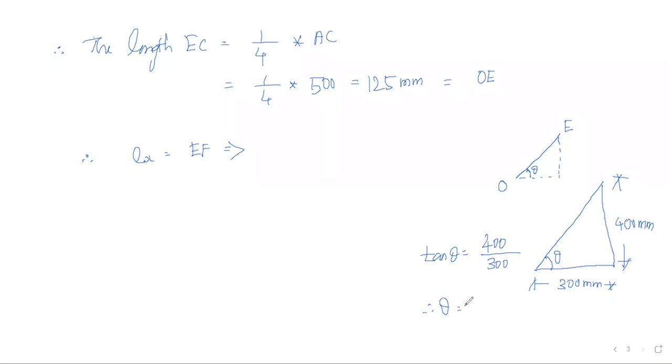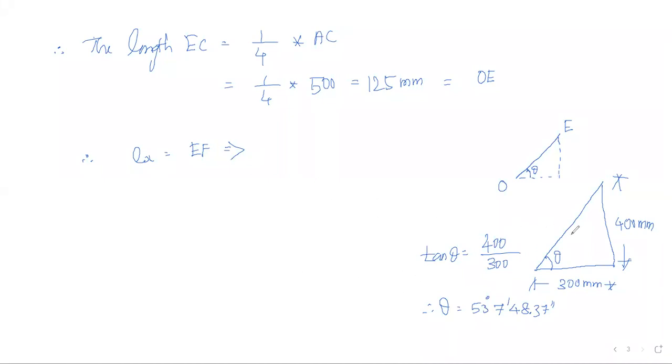Therefore theta becomes tan inverse of 4 by 3, so the angle becomes 53 degrees 7 minutes 48.37 seconds.